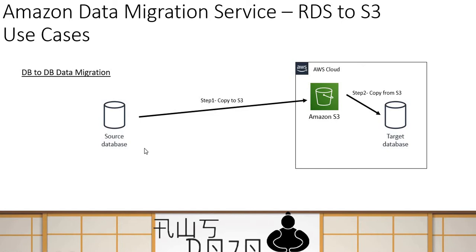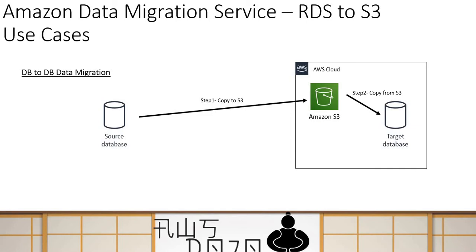Many times what happens, guys, is that you have a source database, you have records over there, but those records need some kind of cleaning. But you don't want to touch your source database because that's a production running database.